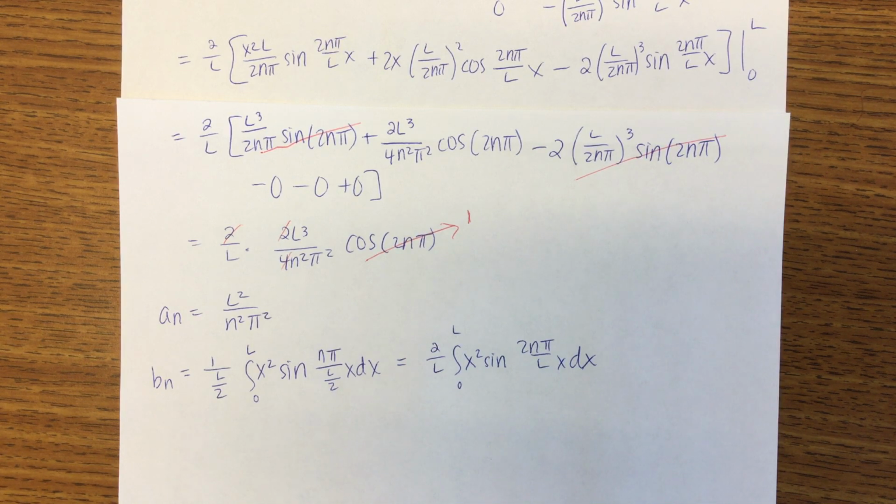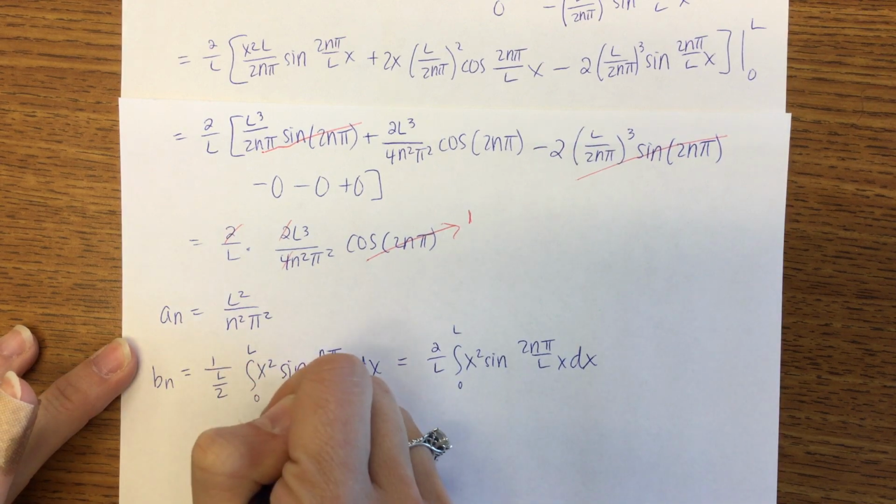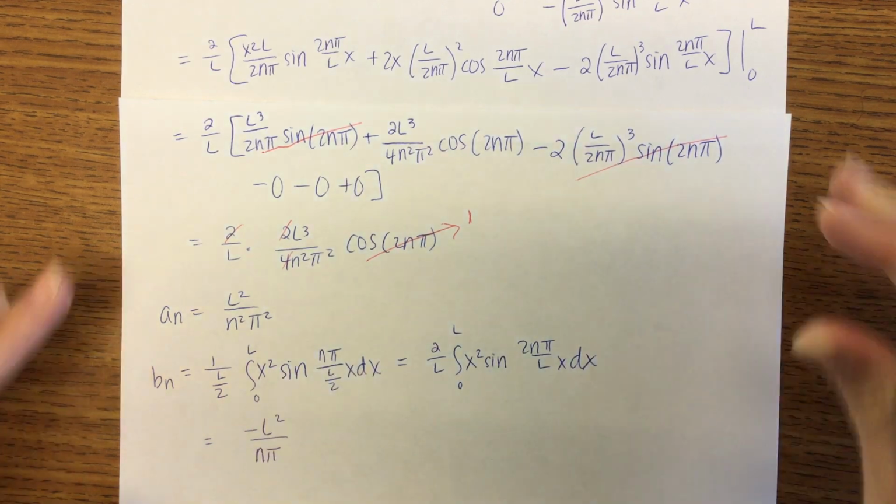Okay, we're going to have to do tabular again. You tell me, is it helpful for us to go through the tabular again now, or we don't want to go through it together? It's almost exactly the same as what we just did with sine instead of cosine. So can I just tell you what it ends up being? It ends up being negative L squared over n pi.